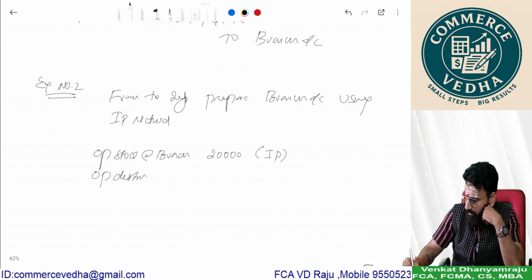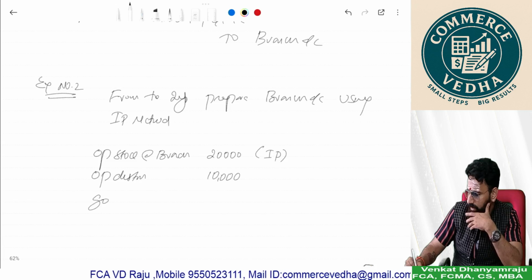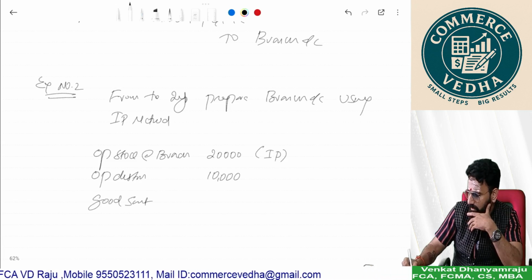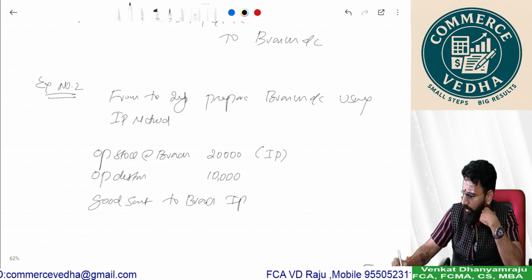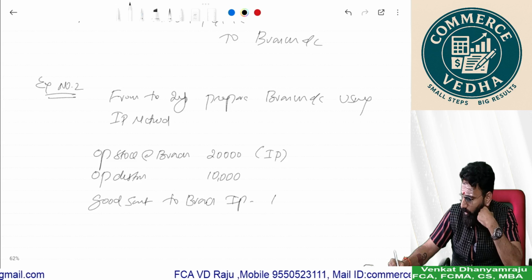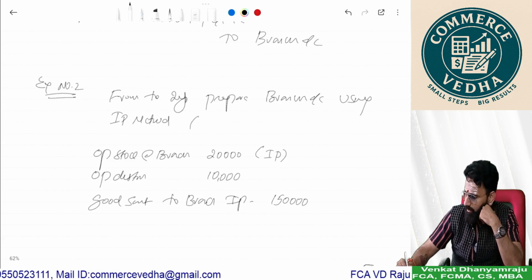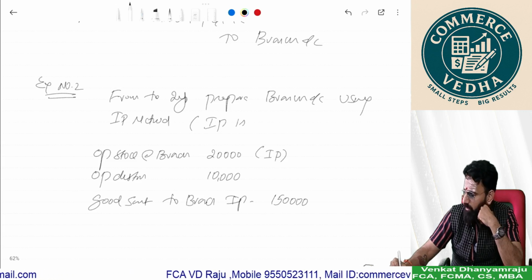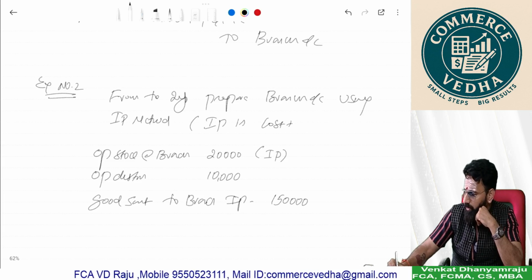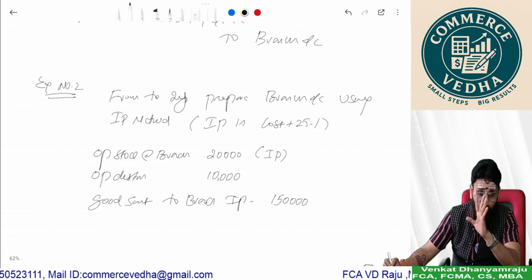Opening debtors 10,000. Goods sent to branch at invoice price 1,50,000. Here, invoice price is cost plus 25%. Clearly told, cost plus 25%.